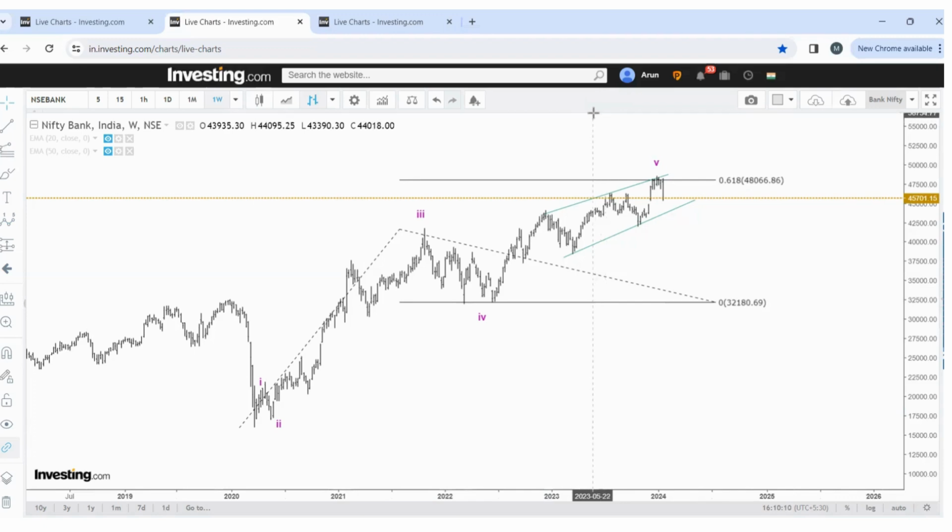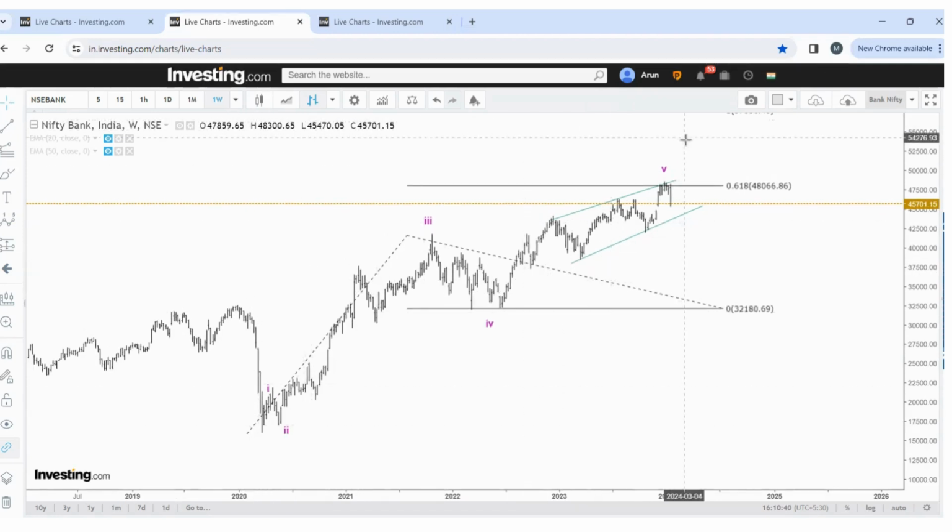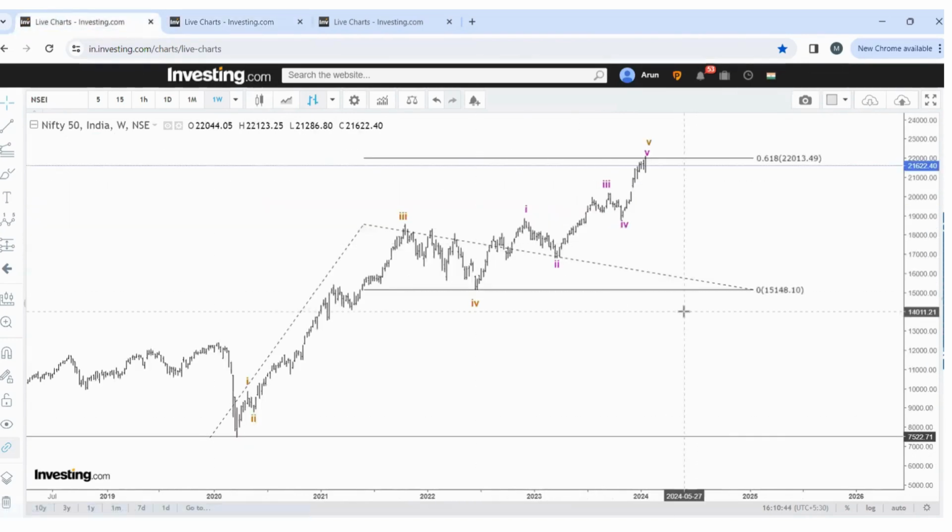So this view cannot be ignored, because both indices have a similar structure, the 61.8%, the fifth wave, everything. Right. Now the bearish structure because of Bank Nifty. So now we are going to see the bullish structure because of Nifty.